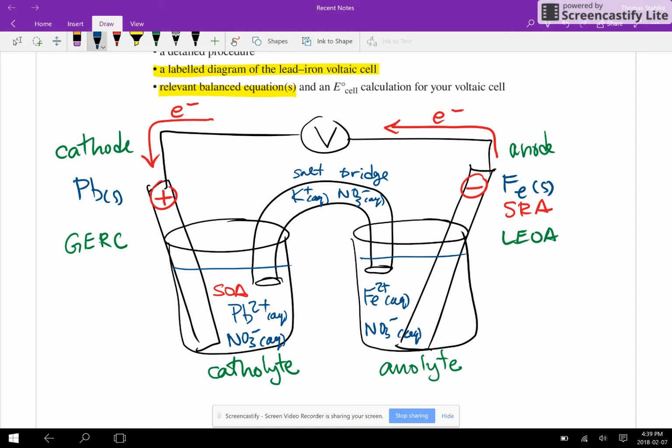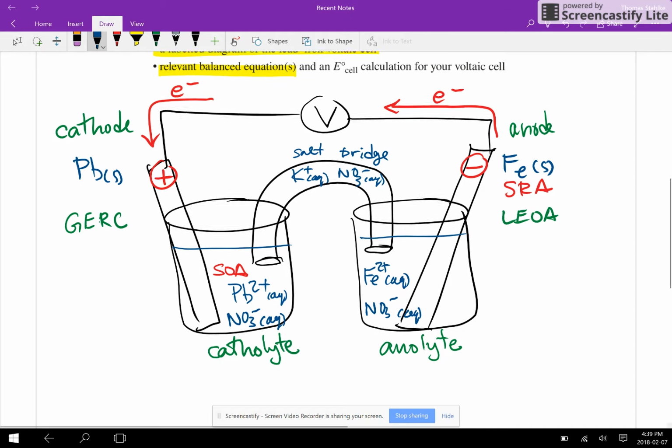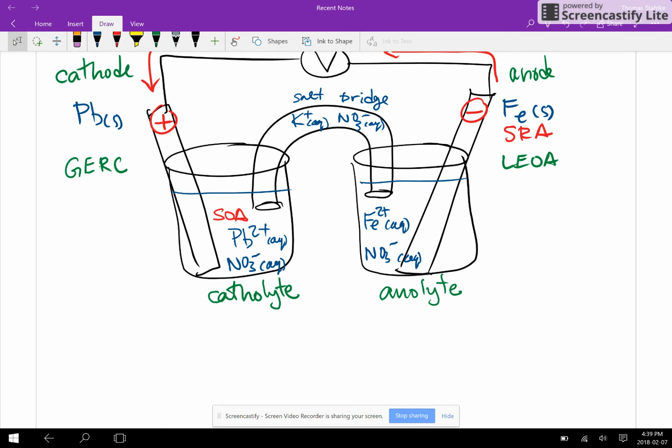So the only other thing that we need to label on this diagram would be the direction of the ion flow. So I'm just going to show it this way. Actually, I'm going to use a different color ink here. Okay, so let's put the ions flowing this way.